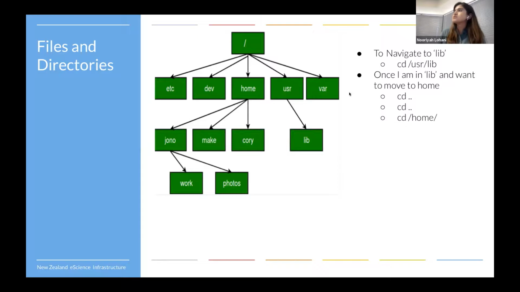And I want to go one more step back to my root directory, because that is how I can get to home. There is no connection between user and home. So I'd move back up into root, and I would then change directory and go from my root to the home directory. So this was just a little primer on how we're getting to the file paths that I will mention later on.